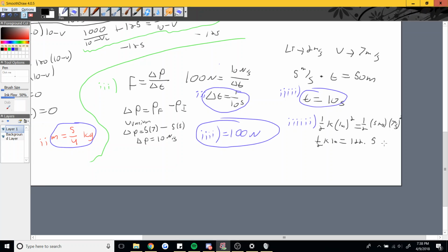I won't show you how to press those buttons, but once again, it's going to be Newton meters. We're going to go ahead and multiply both sides by 2. We're going to get K equals. We're also going to divide by 1 on both sides, divide by 1 meter.